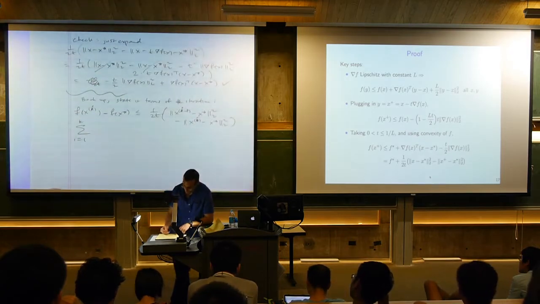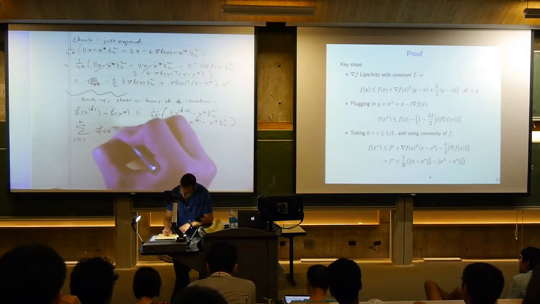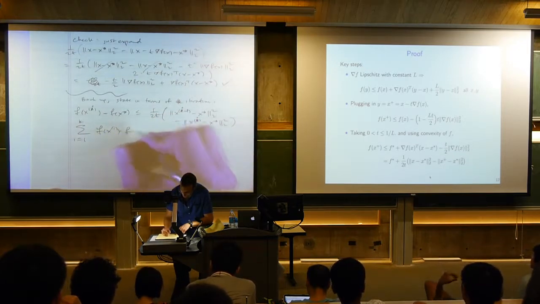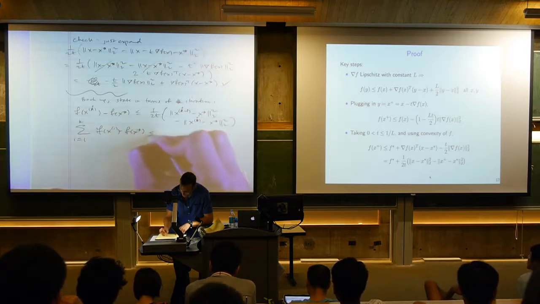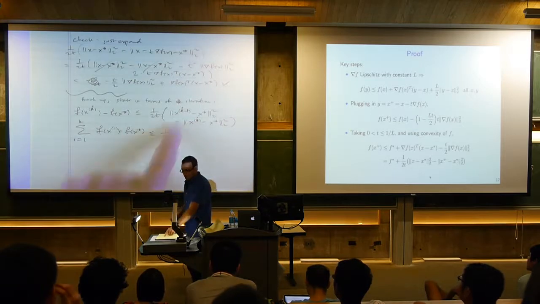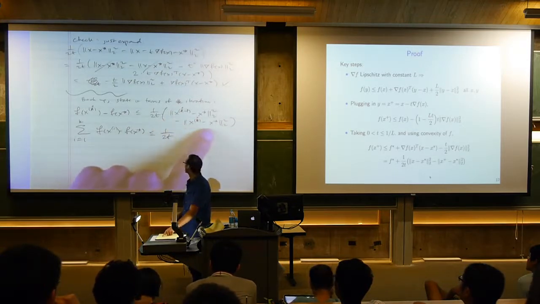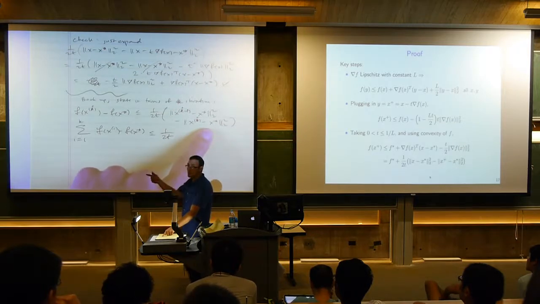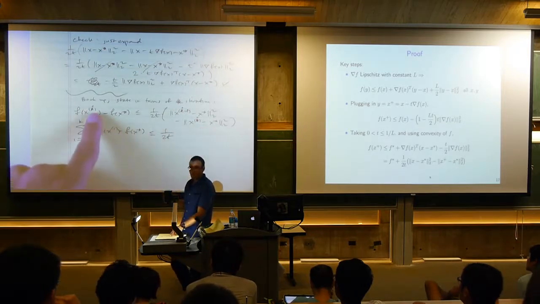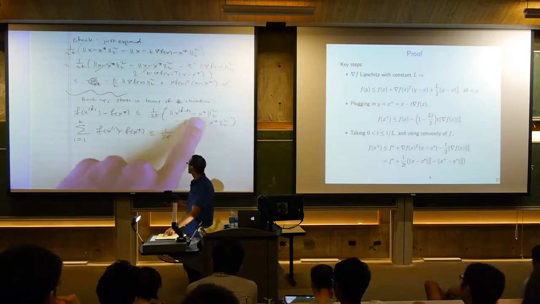Okay, so sum this over all iterations i from 1 to k. A lot of these terms are going to cancel, because I'm going to see, for example, minus xi minus x star in this term, but in the next term, where I have i plus 1 here, I'm going to see a positive xi minus x star.